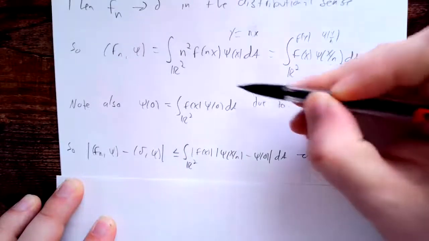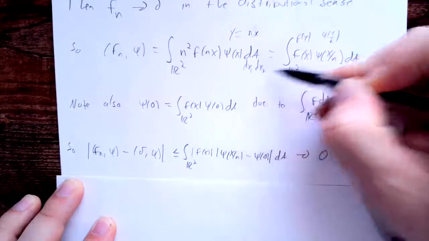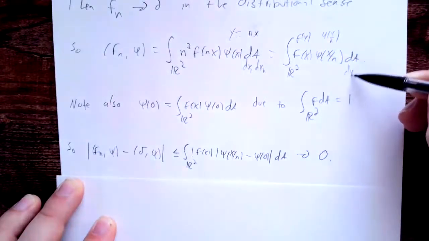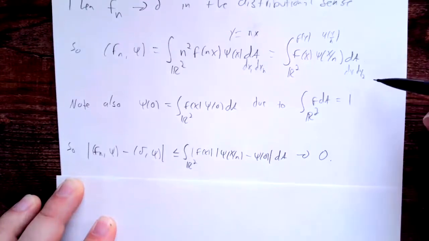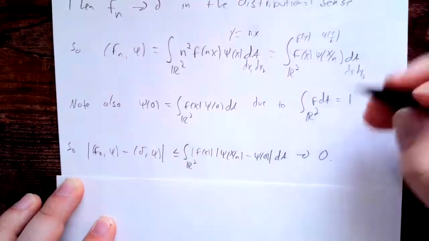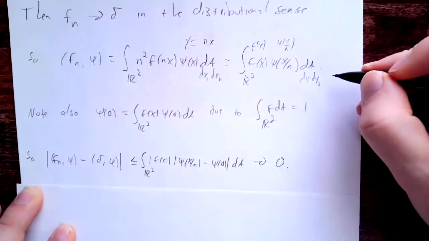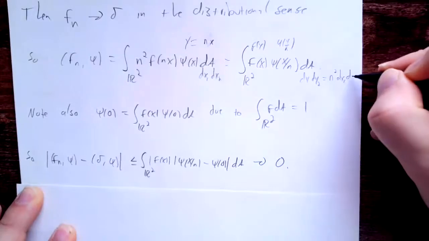And if this was dx1, dx2, then dy1, dy2 is like n squared dx1, dx2.